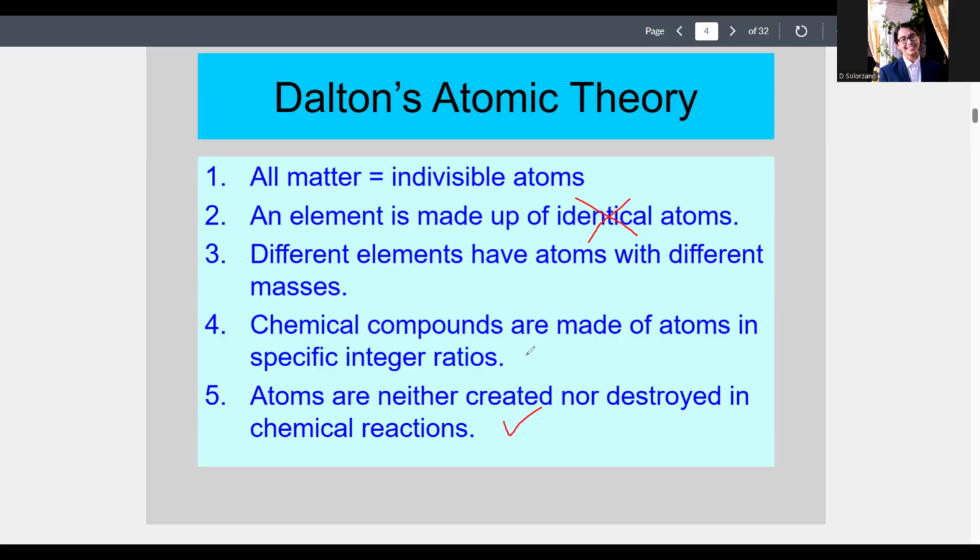Chemical compounds, this is just an observation, so I'll draw an eye. And then different elements have different masses. We see that as being true. And yeah. This atoms are neither created nor destroyed also goes along with one of our principles of thermodynamics, where energy is neither created nor destroyed. Same with matter is neither created nor destroyed.